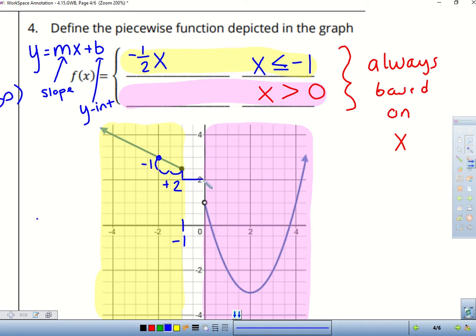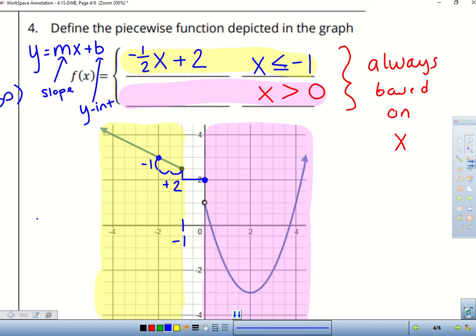We could go down 1 over 2 to figure out where it would have crossed. And it would have crossed at what value? 2. So you see how it's kind of like if somebody takes a picture of you, but it's only your face. It doesn't mean that you didn't have shoes on just because they're not in the picture. This doesn't mean it doesn't have a y-intercept just because it wasn't in the picture that we were looking at, right? It still has it, it's just not in the picture we were looking at.